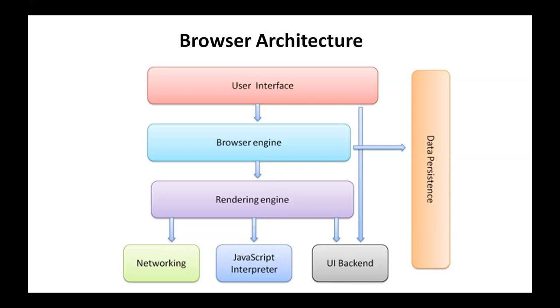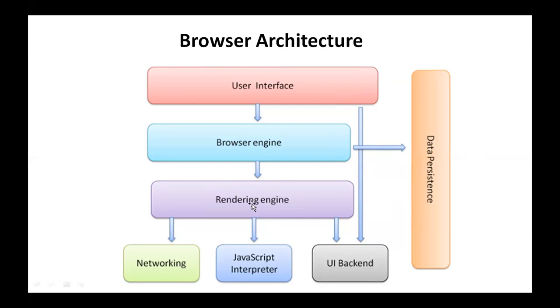Later I will tell you in detail. The interpreter is responsible for converting JavaScript into something understandable for the browser. It is actually a JavaScript translator. And data persistence is nothing but local storage, like cookies and local storages kept in persistence. The browser has a lot of things. We will discuss everything one by one, in detail.